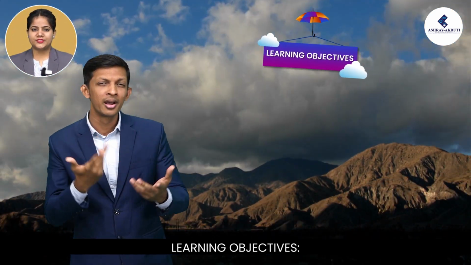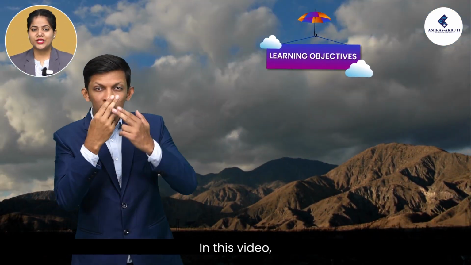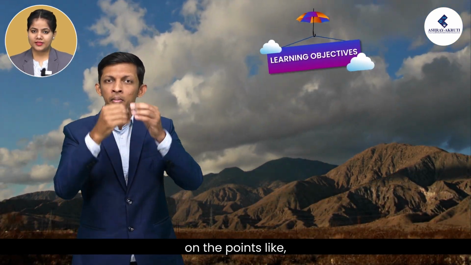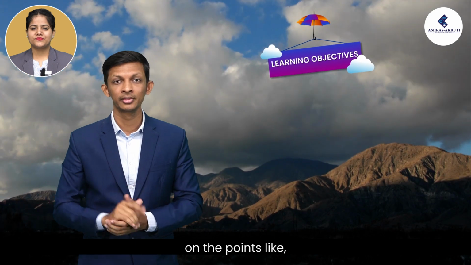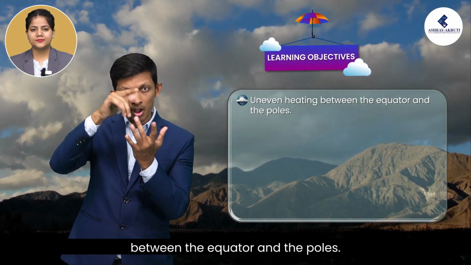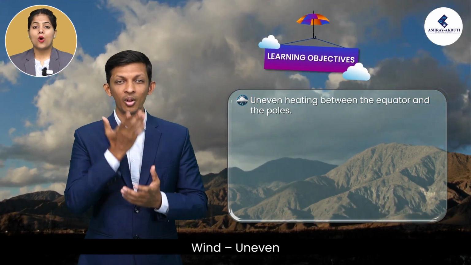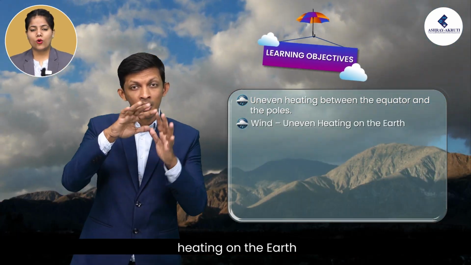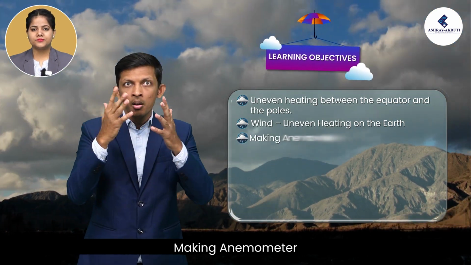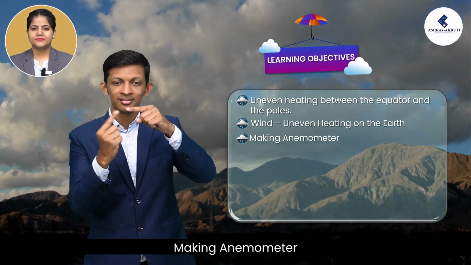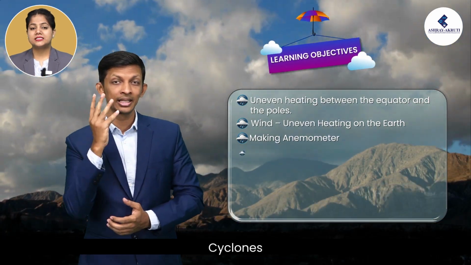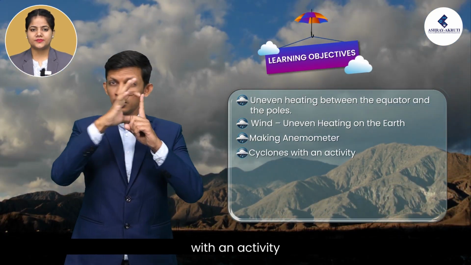Learning objectives. In this video, we will have a special focus on the points like uneven heating between the equator and the poles, wind, uneven heating on the earth, making an anemometer, cyclones with an activity.